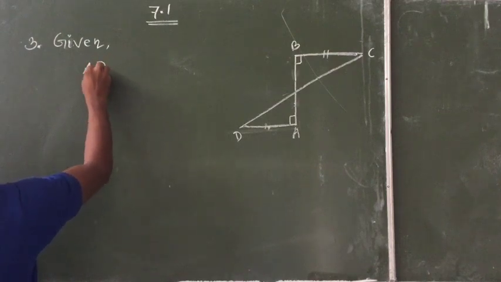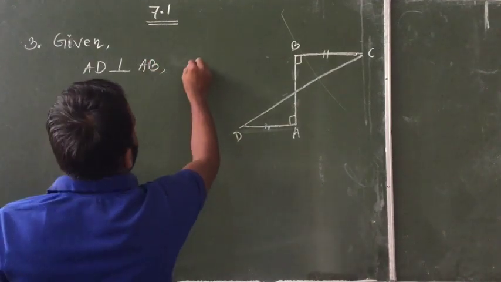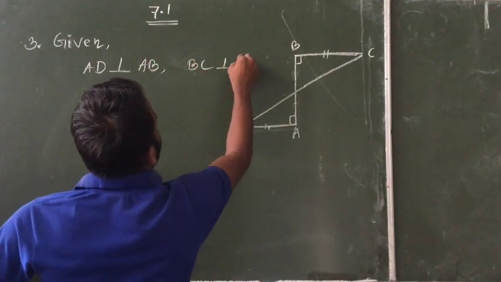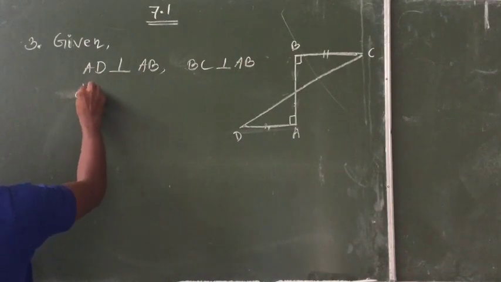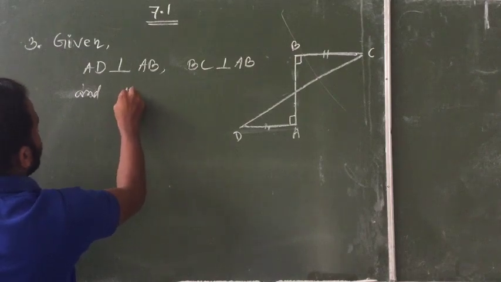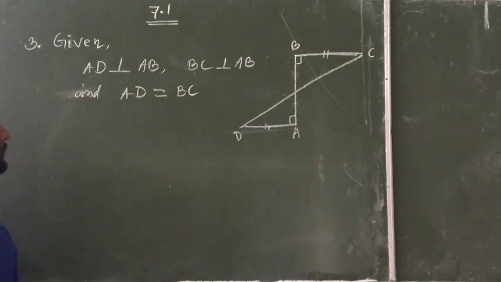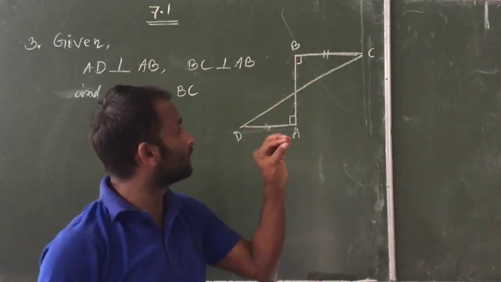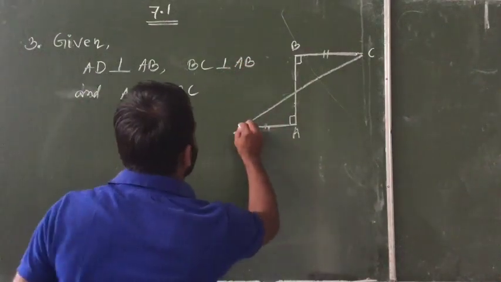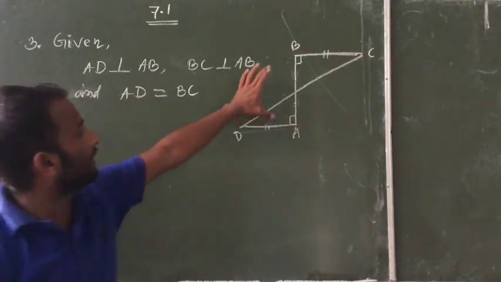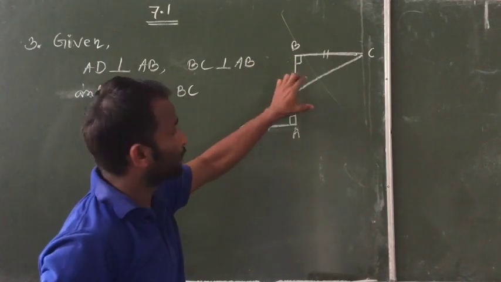AD is perpendicular to AB, BC is perpendicular to AB also, and AD is equal to BC. That means AD and BC are equal perpendicular sides. Now we have to prove that the line segment CD bisects the line segment AB, that means it divides it into two equal parts. We have to prove this one.